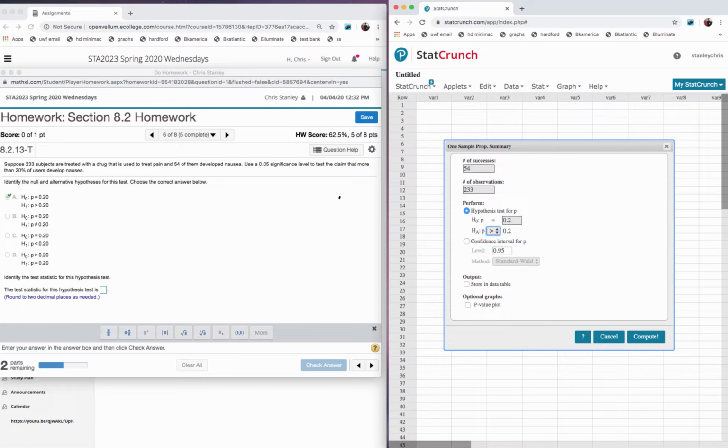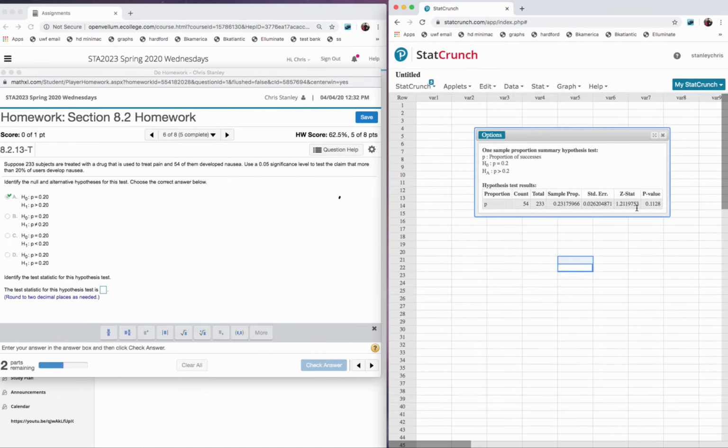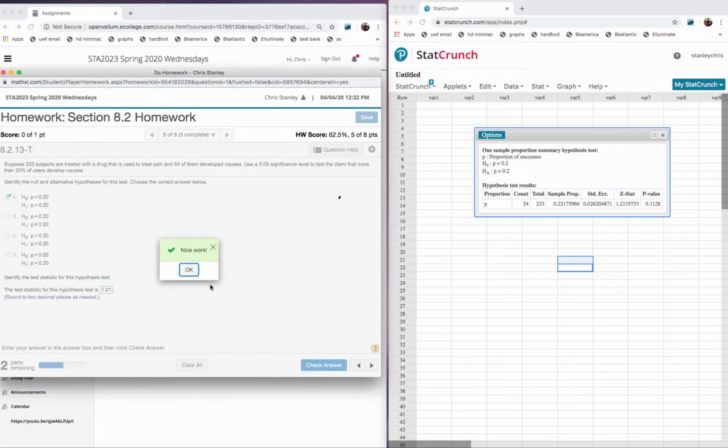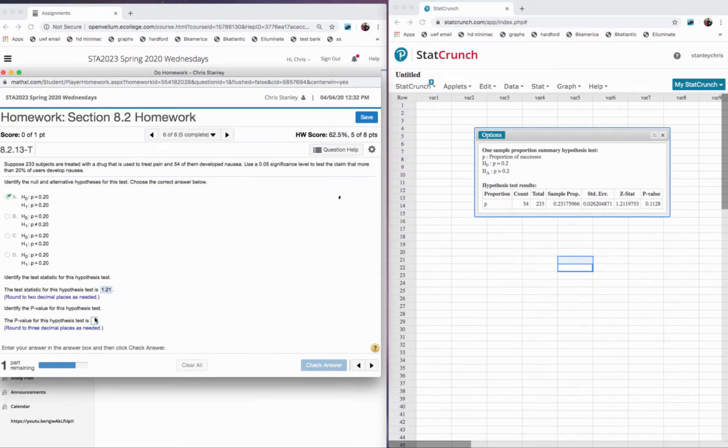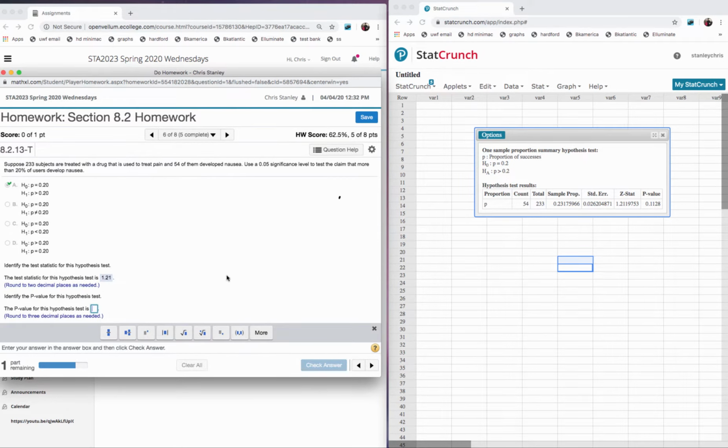So all I'm doing is matching this up with this when I run my test. Okay, so I got a z-stat, which is your test statistic, at 1.21. I got an alternative, p-value 0.113.